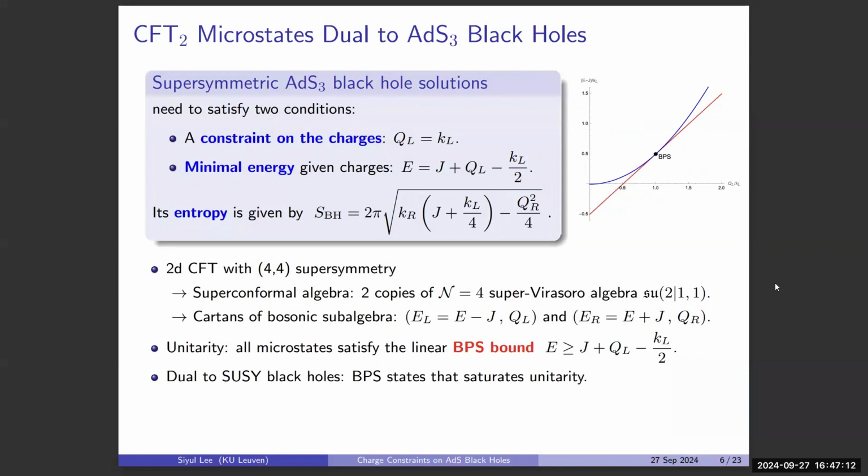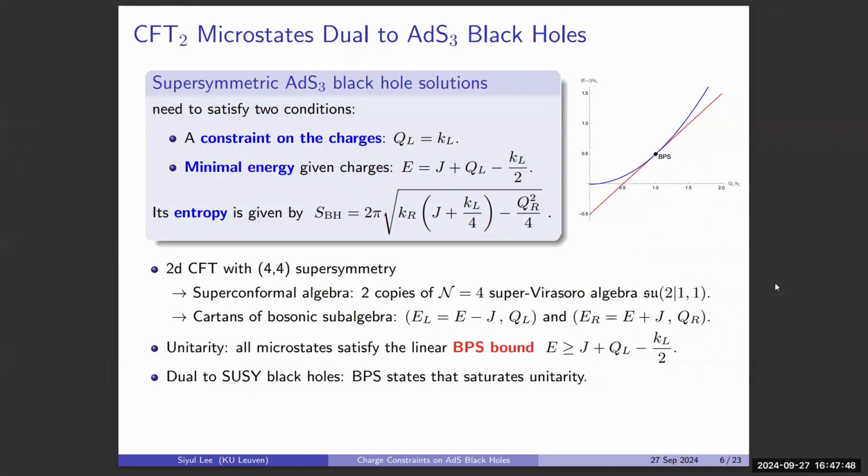From the generators of the bosonic subalgebra of the superconformal algebra, we can identify 4 conserved quantities which equate to the counterparts on the gravitational side, for which I have already used the same alphabet. On the CFT side as well, all quantum states, by unitarity, have to satisfy this linear BPS bound, which is the red straight line that you saw before. The constraint on the charge is Q equal to K.